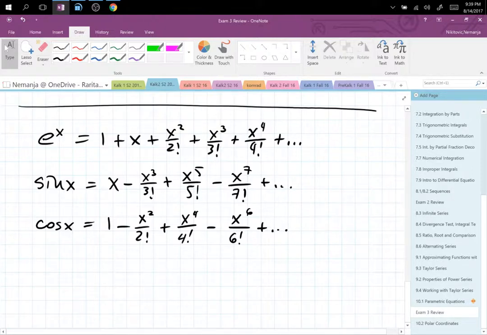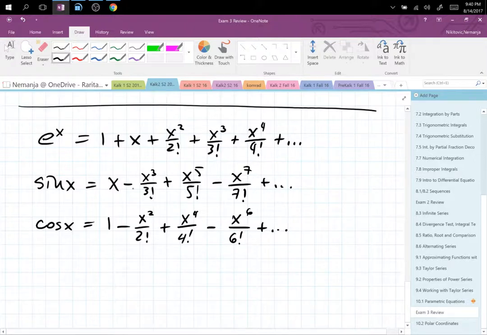And I'm not sure if you see that when you add these 2, 1 plus x plus x squared over 2 plus x cubed, if you have all the plus signs, the terms of all 3 of these series are the same. They're just separated.